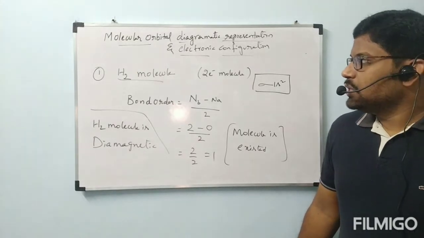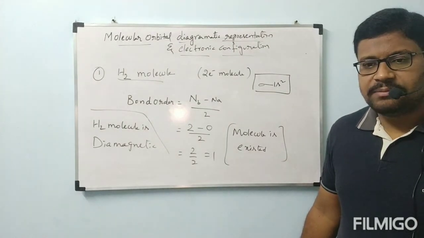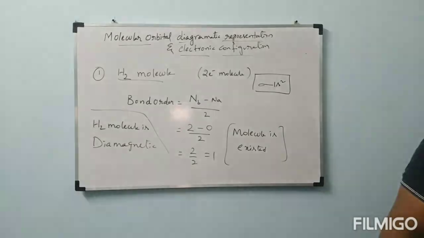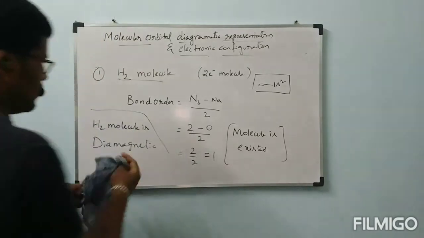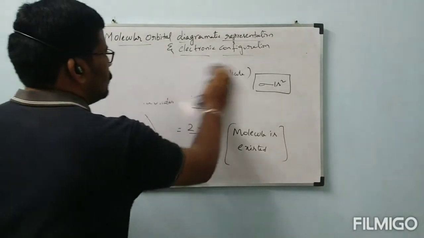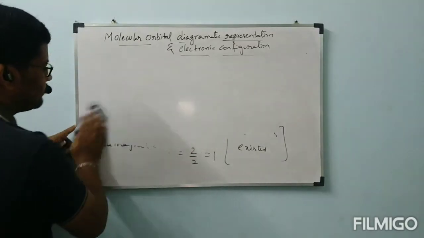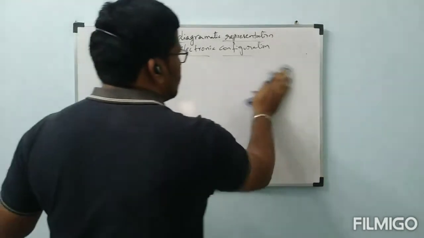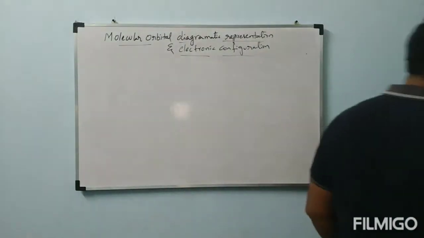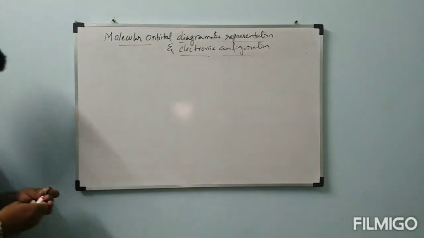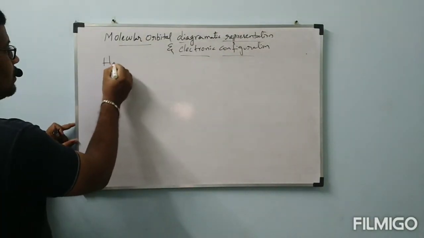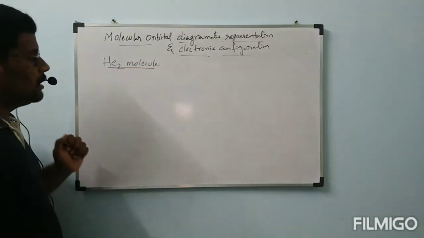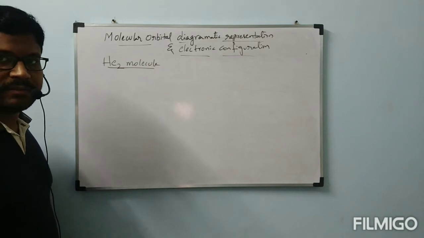Now, in today's class, we will see the next example, that is the He2 molecule. Let us see that. The He2 molecule contains 2 helium atoms.